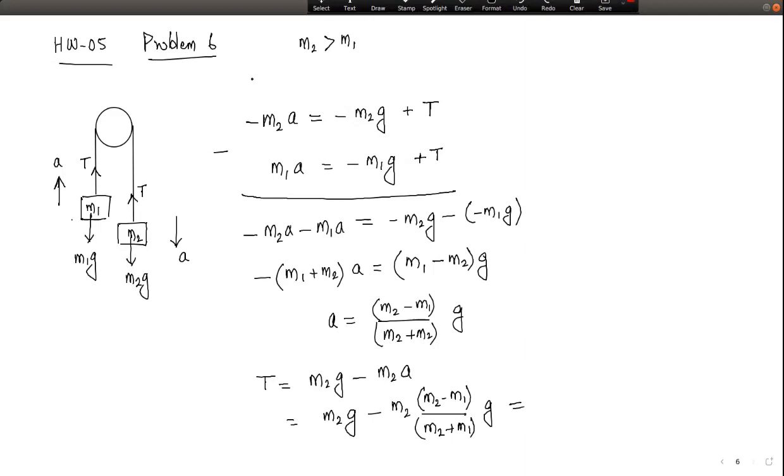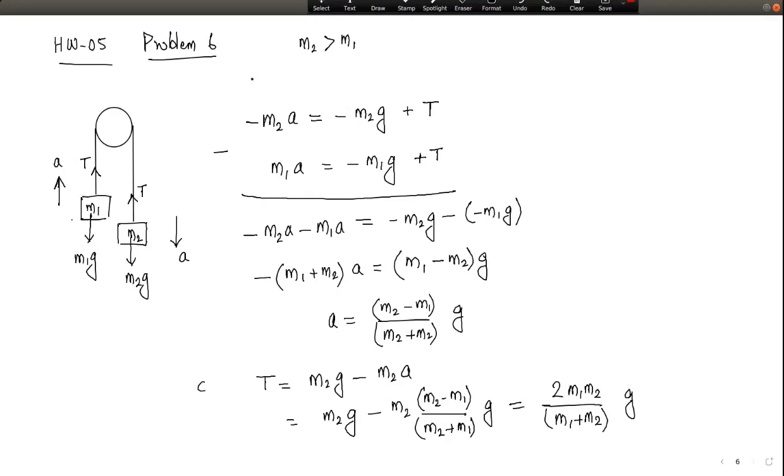When we simplify, the m2 squared terms cancel out, and what we have is 2 times m1 m2 over m1 plus m2 times g. That's the force of tension, and that's part C.